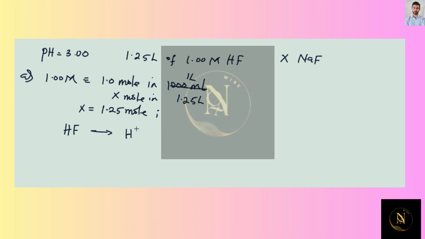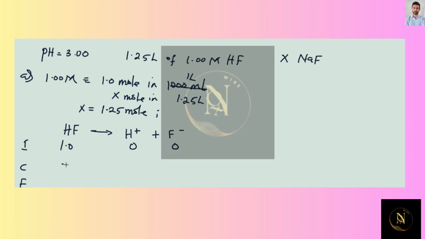When it's ionized, you have H plus and F minus. Let's set up the initial and final concentrations. Initially we have 1.0 mole of HF, and 0 of H plus and 0 of F minus.